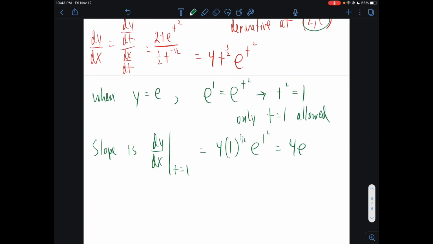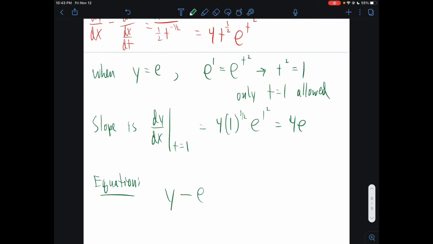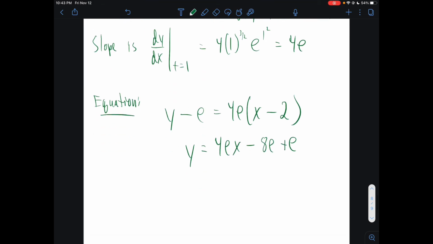So the equation of our tangent line is y minus the y value, e, equal 4e times x minus the x value, 2. Which we could put into slope-intercept form. y is equal to 4e x minus 8e plus another e that I added from the left.